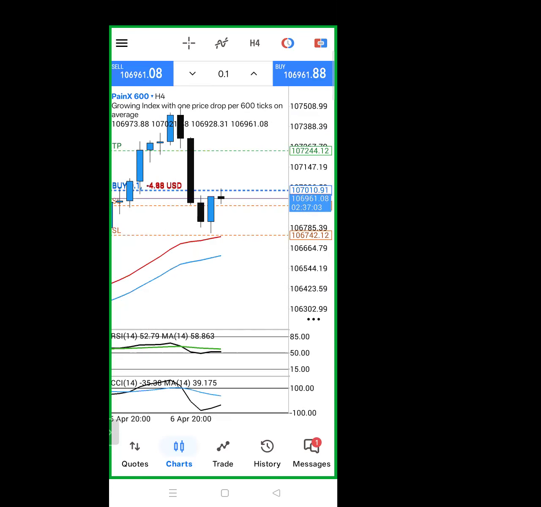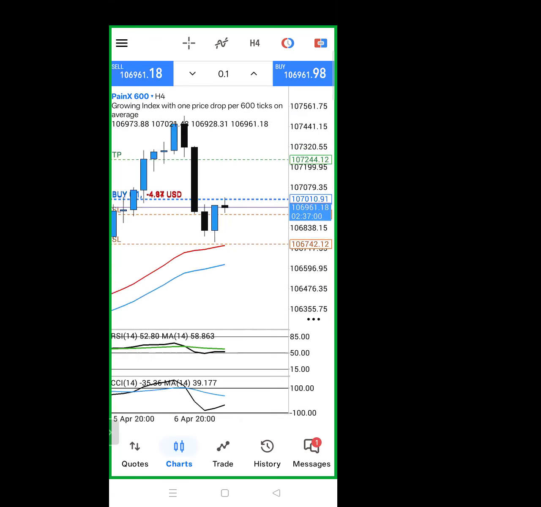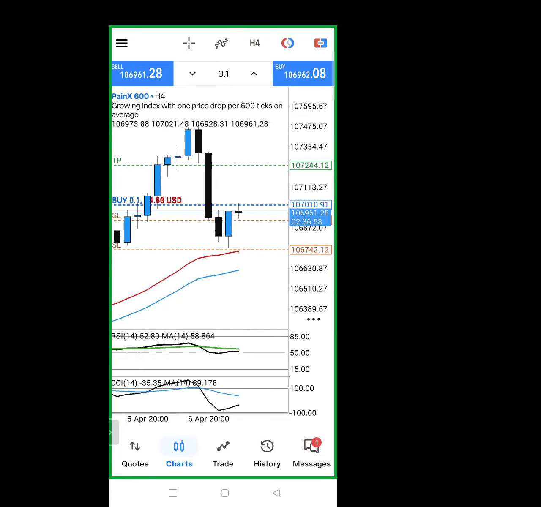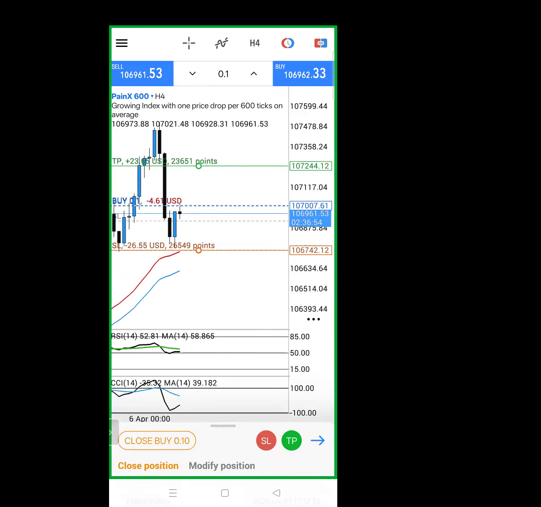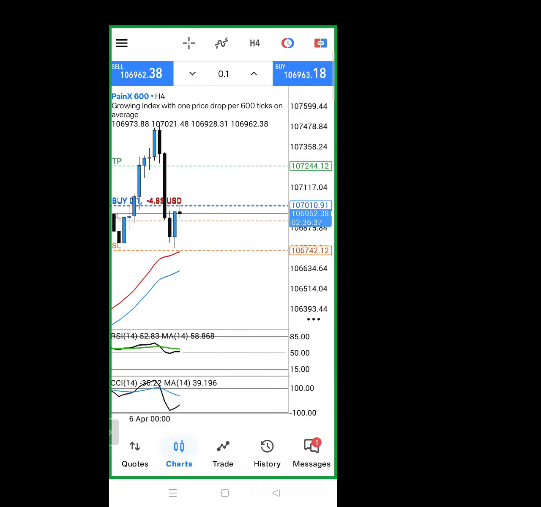Just like I said earlier, with this candle engulfing like this, your best stop loss is this one. So the stop loss should be 106,742.12. Let me type it: 106,742.